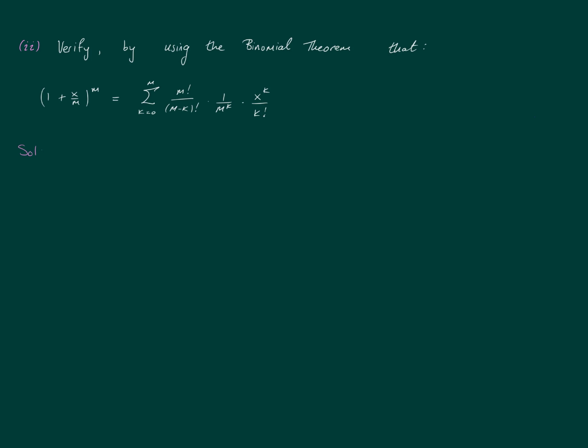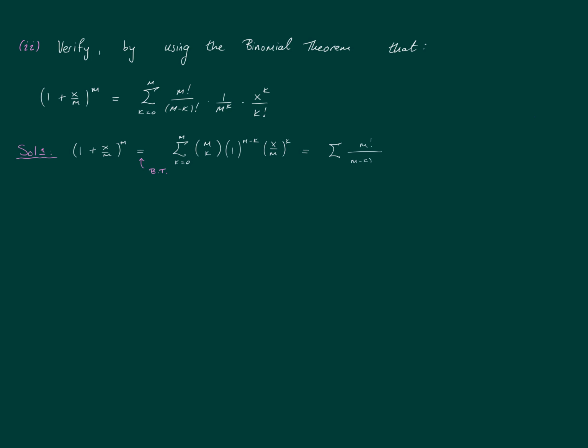Okay, so this amounts to literally just plugging into the binomial theorem. There's not much else involved. So here our a is 1 and our b is x over m, so using the binomial theorem, by the equation we get from the binomial theorem, this is the sum of m choose k, 1 to the m minus k, times (x over m) to the k. The 1 to the m minus k just turns to 1, so we ignore it.